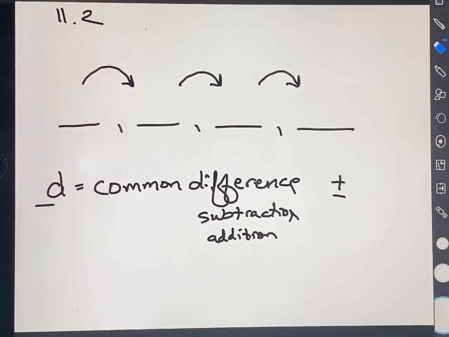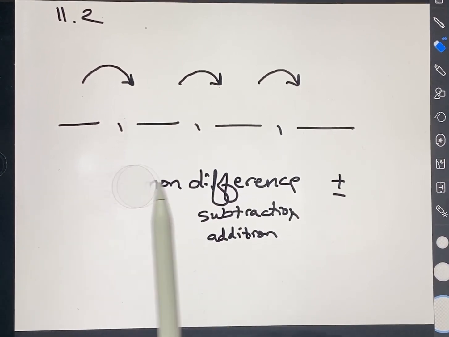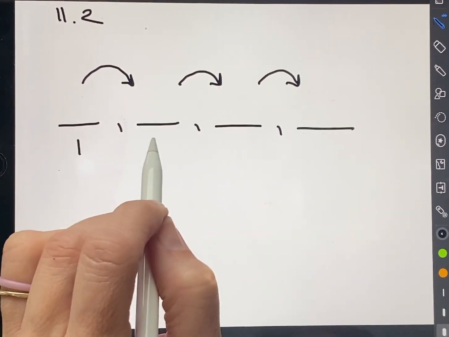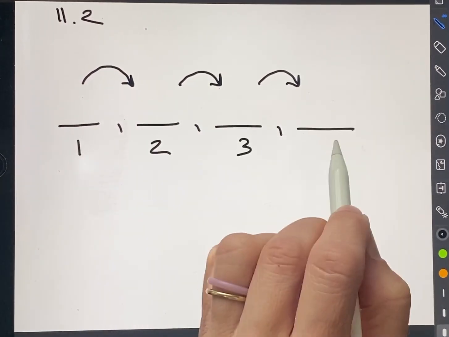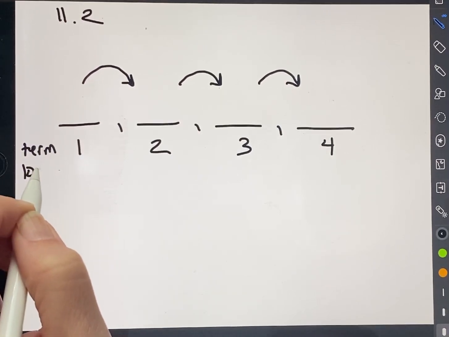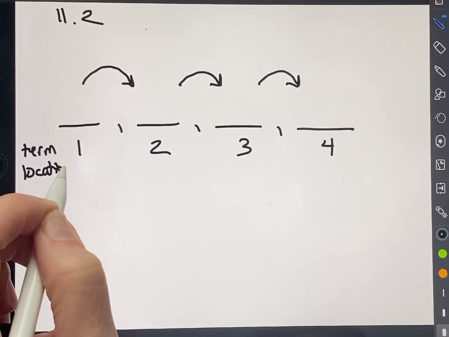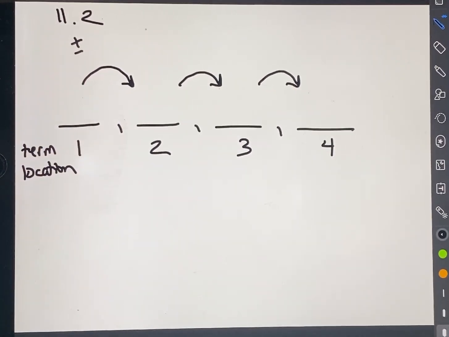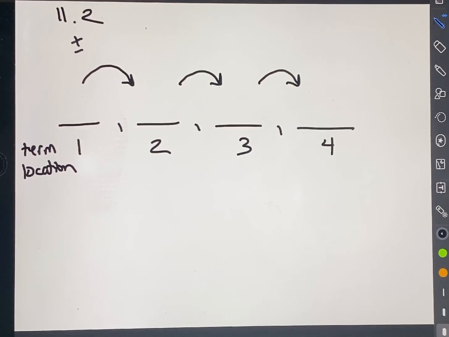That means we are only dealing with addition and subtraction. And it is telling us that to go from our first term to our second term, third term, fourth term, because these are our term locations, quick reminder that we are going to have to either add or subtract the same thing all the way down the line.